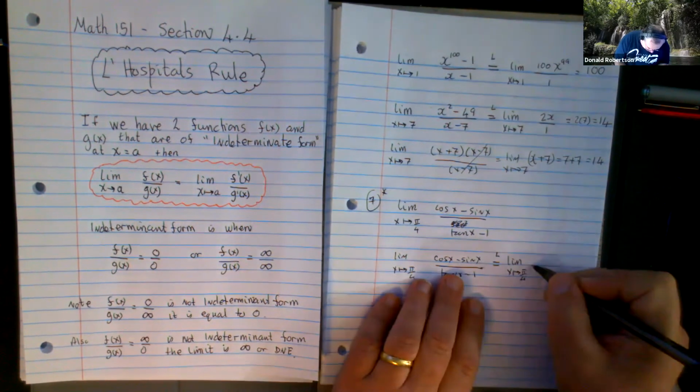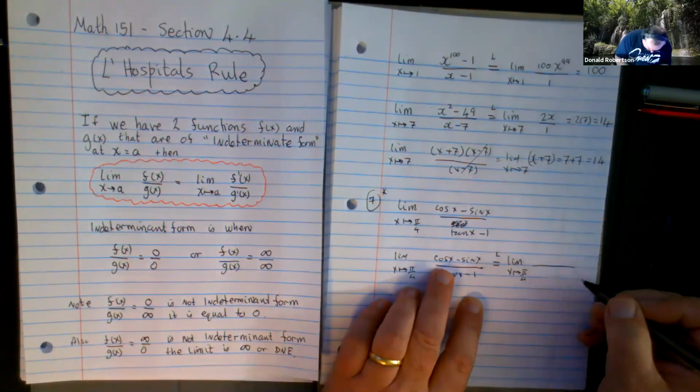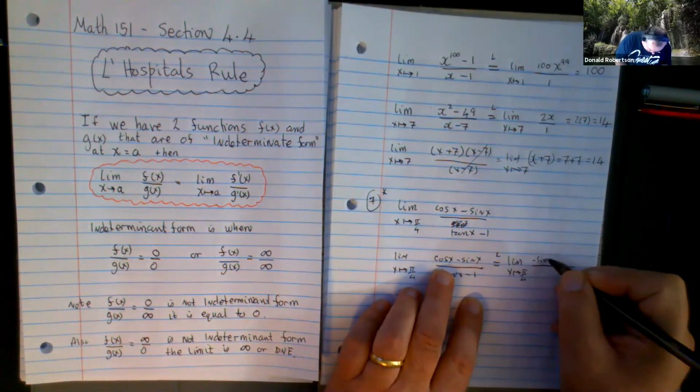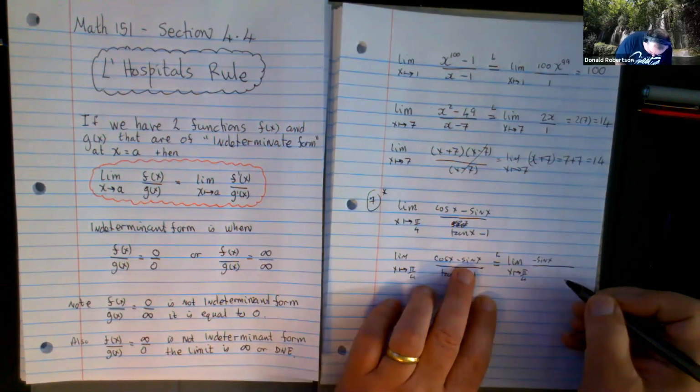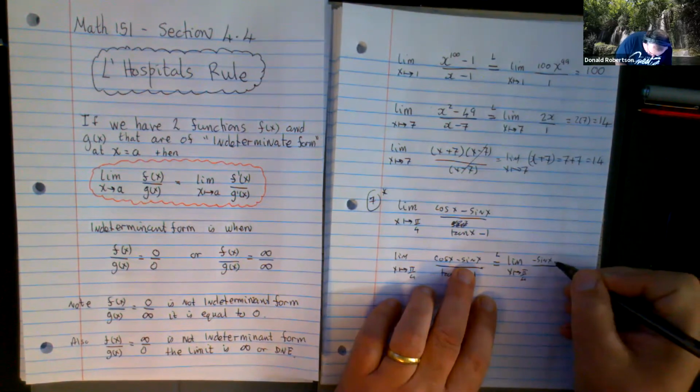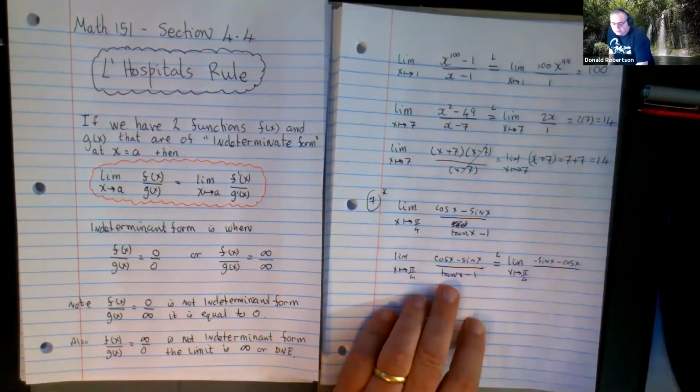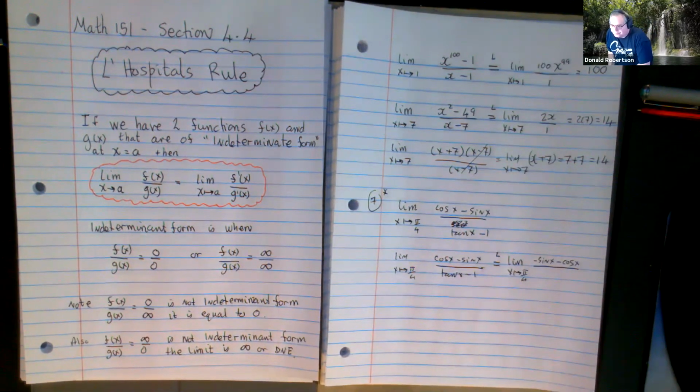Now, if you differentiate a cosine, you get a negative sine. If you differentiate a negative sine, you get a negative cosine, positive. What do you get if you differentiate a tan? What's the derivative of a tan?